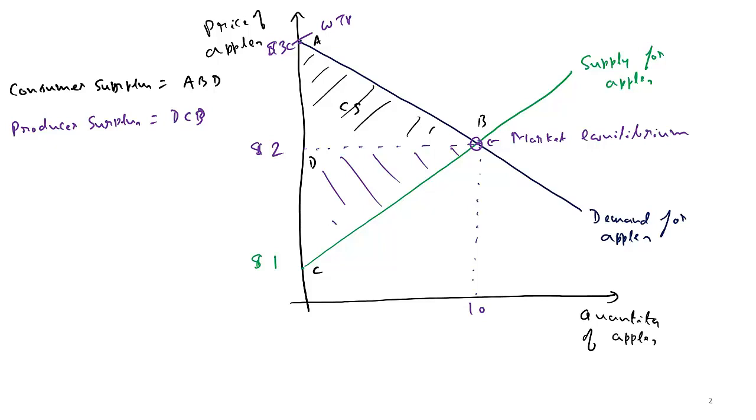Now what we are going to use is a little bit of geometry. So in geometry, area of a triangle is equal to half times base times height.